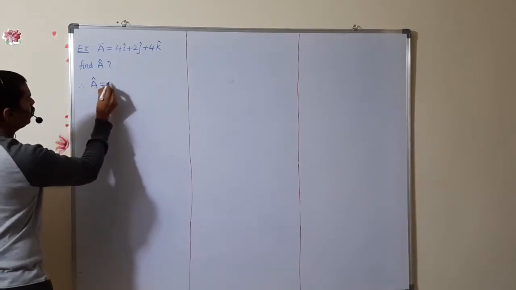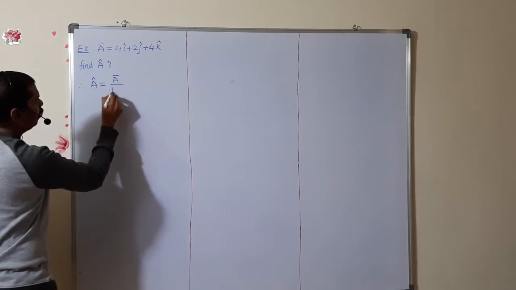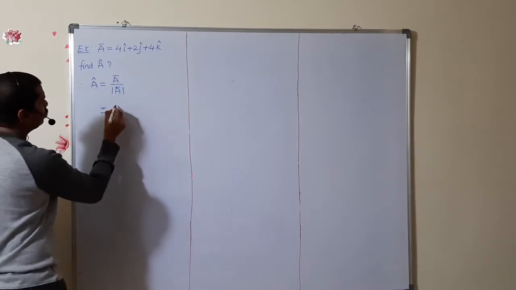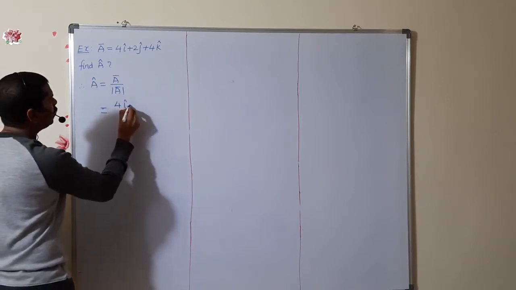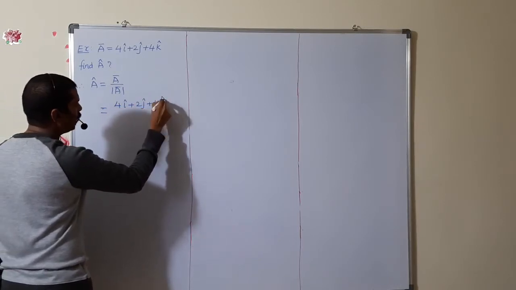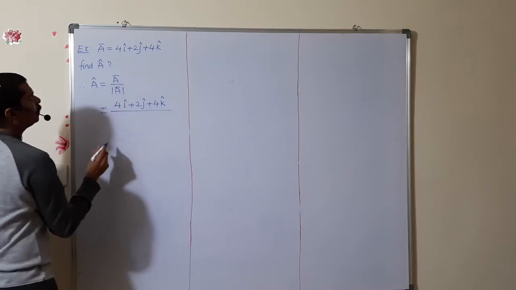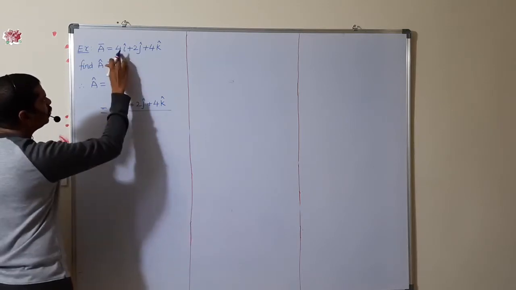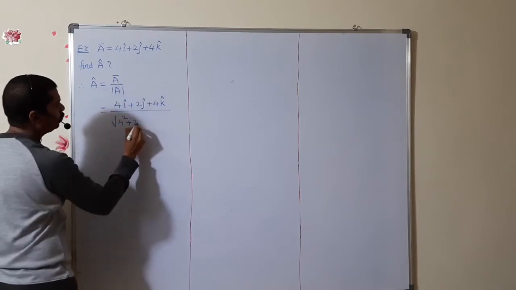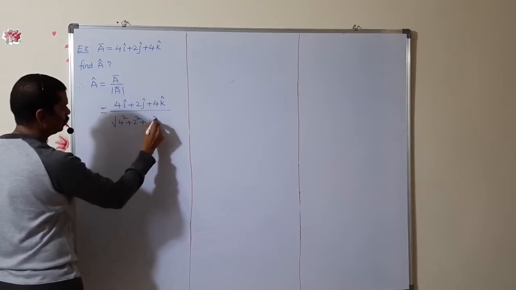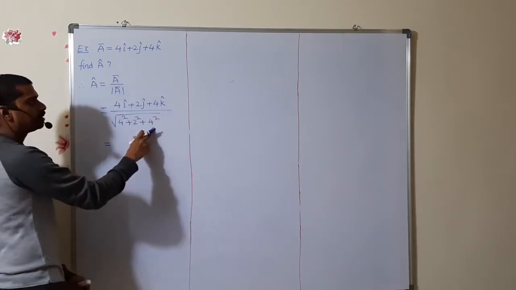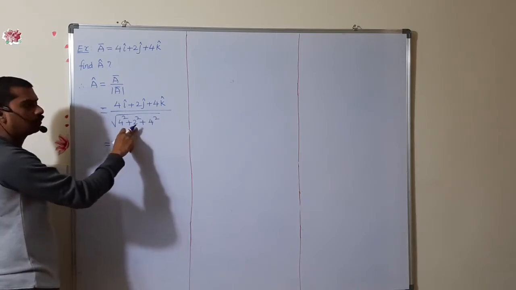A cap is equal to vector A upon mod of vector A. Now we can write 4i cap plus 2j cap plus 4k cap upon the magnitude of A vector. What is the square of the x component? X value 4 square, plus the y value 2 square, plus the z value 4 square.